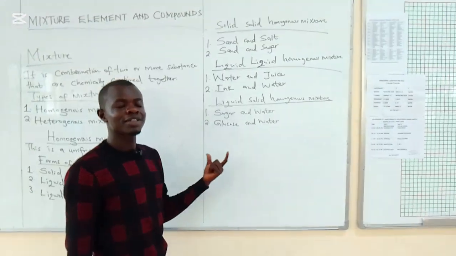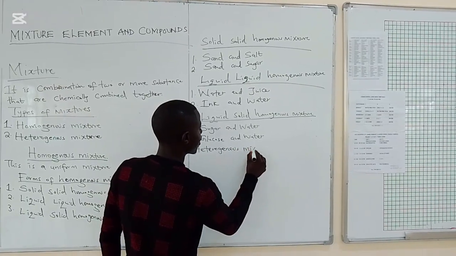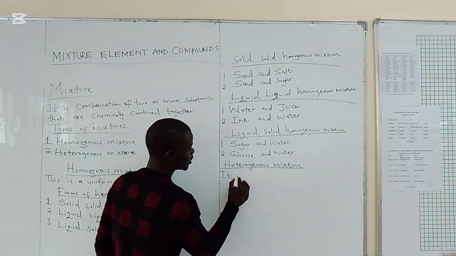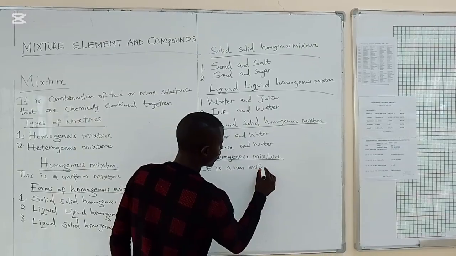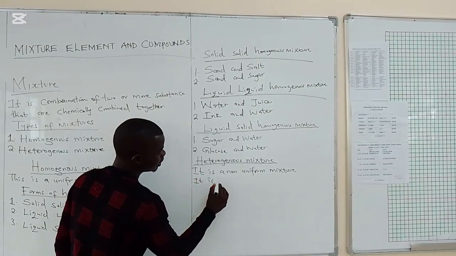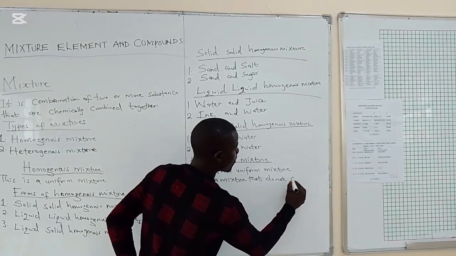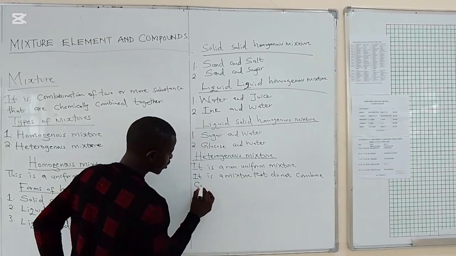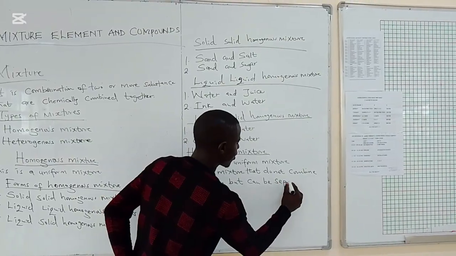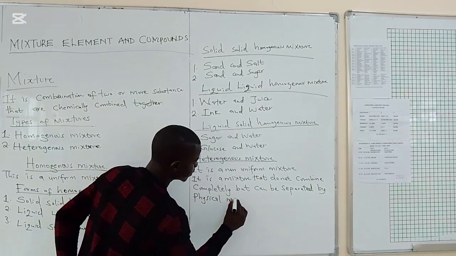Next, we are going to talk about the heterogeneous mixture. We can say it is a non-uniform mixture, or it is a mixture that does not combine completely, but can be separated by physical means.